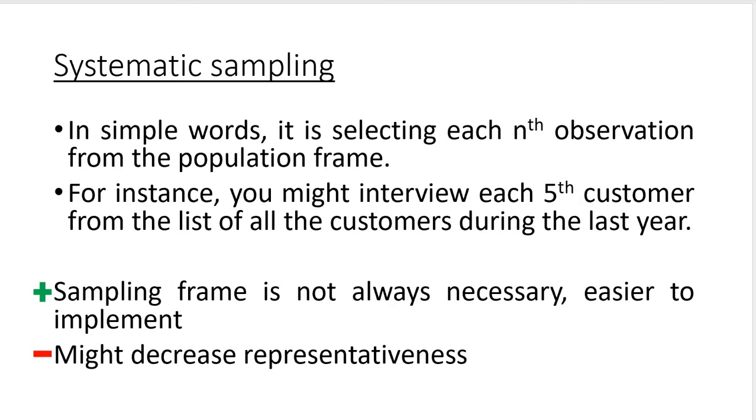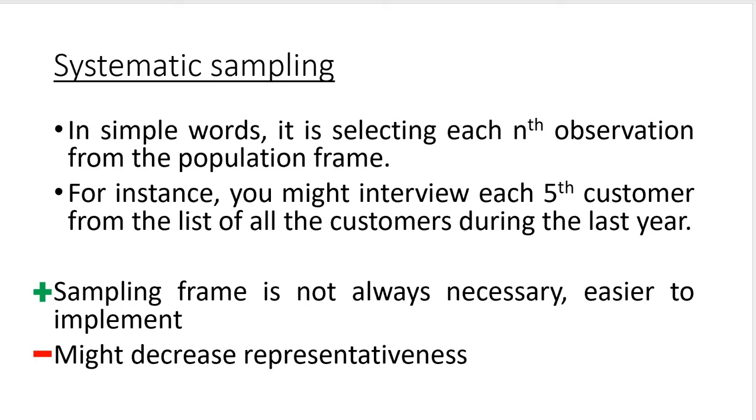Another kind of probability sampling is systematic sampling. And here you can describe it as selecting each nth observation from the population frame. Like you have the list of consumers and you analyze each fifth consumer from this list. Something like this.